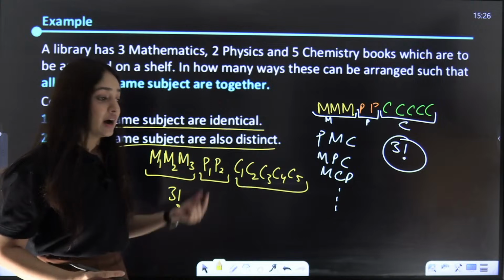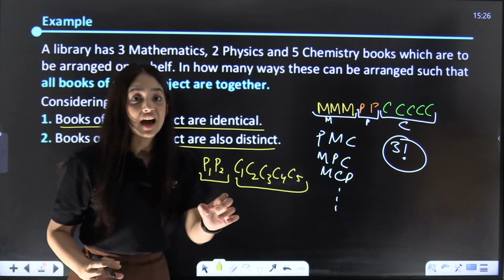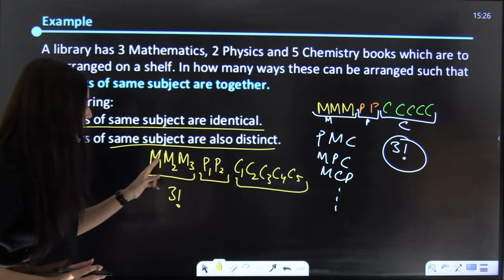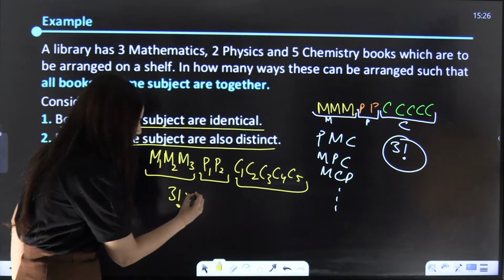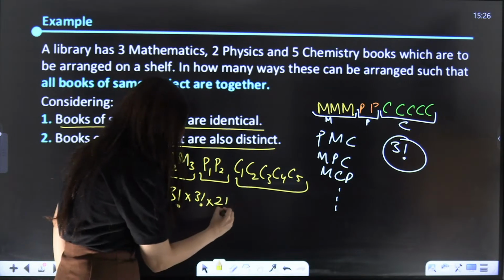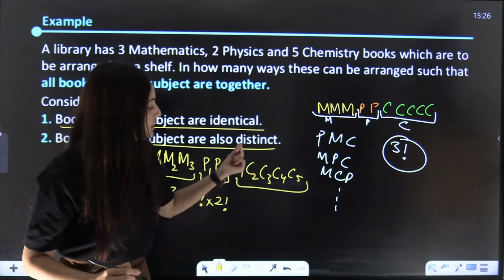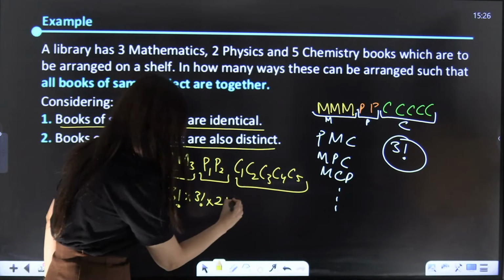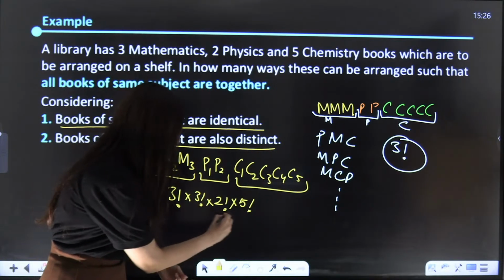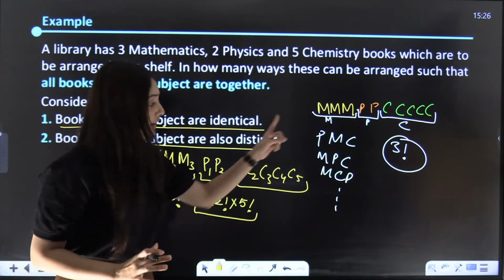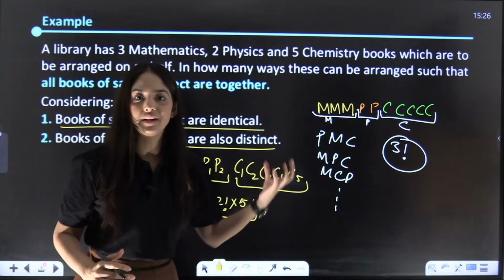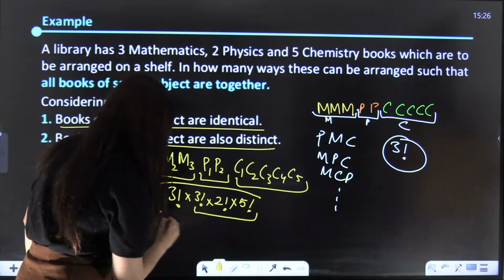But as soon as we arrange the bundles, that does not guarantee a unique arrangement, because within the bundle, M1, M2, M3 can be arranged in 3 factorial ways. Within the next bundle, P1, P2 can be arranged in 2 factorial ways, and C1 to C5 can be arranged in 5 factorial ways. So for each of these arrangements, we will have this many arrangements within the bundles. So 3 factorial multiplied by the number of arrangements possible within each bundle or unit. This will be the final answer.